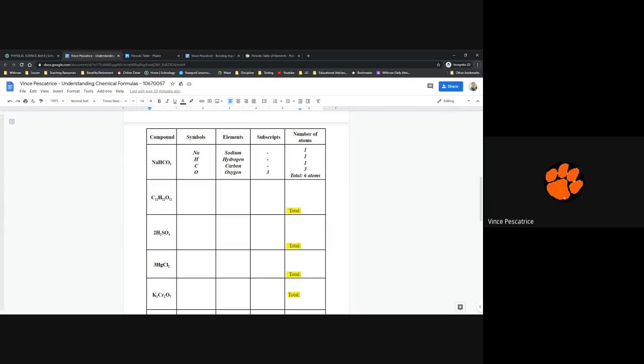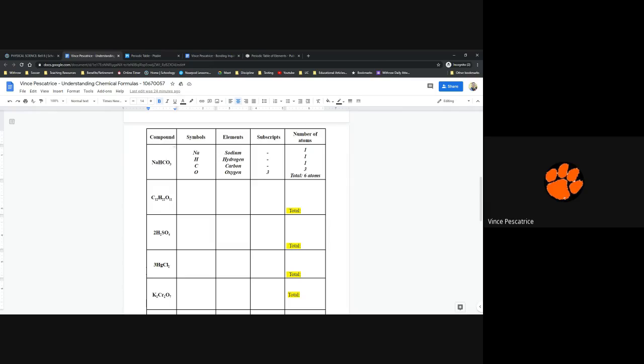Now, be careful. Anytime you see a lowercase letter, it belongs to the letter that came before it. So Na is an element. H is an element. Now notice CO are both in capital letters. That means they are two individual elements. For every capital letter, you start a new element.